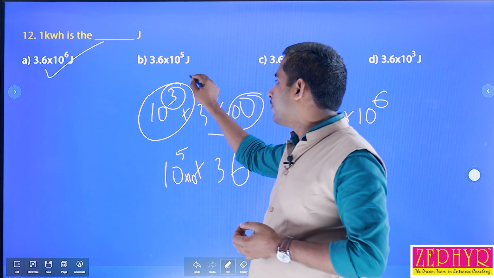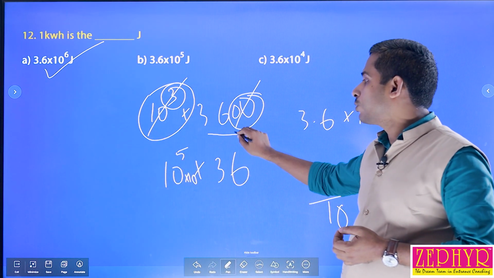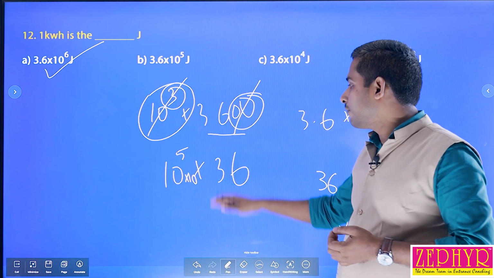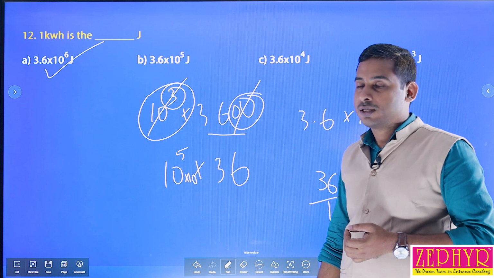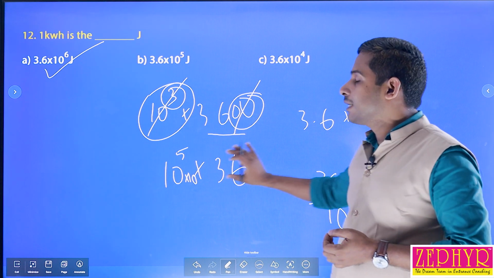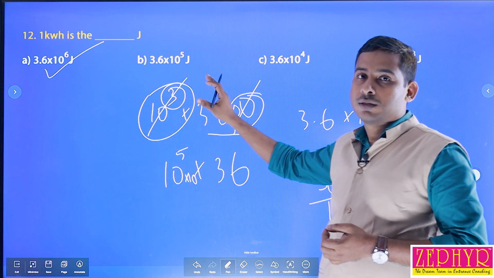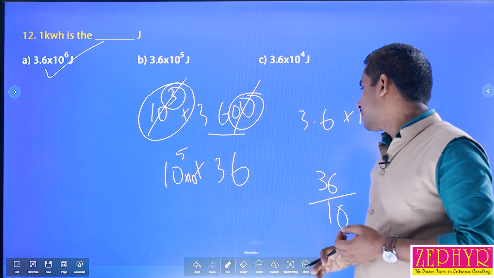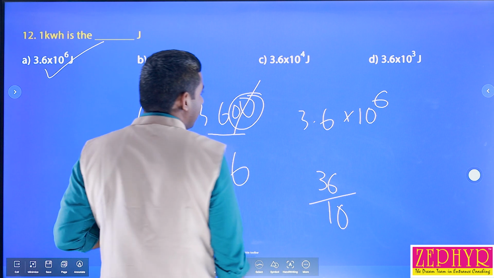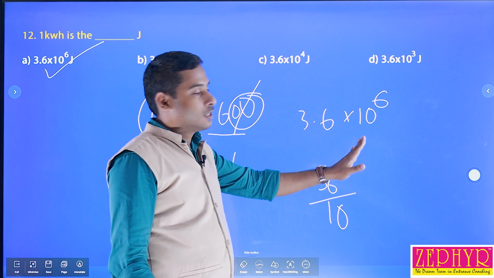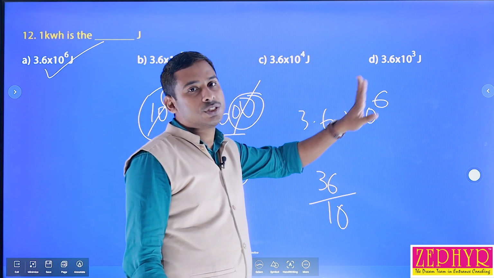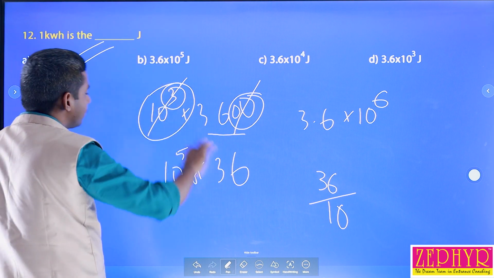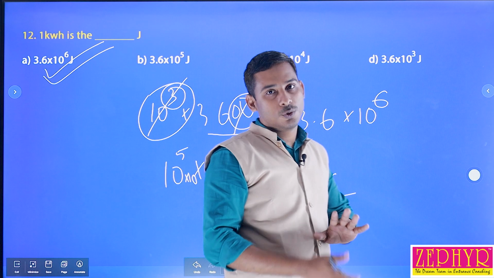Then here we have 10 cube and 2 more zeros, so 3 plus 2, 10 raised to 5. Then we have 36 also, but we do not have this in the options. So, I put it like 3.6, and 10 power 5 changes into 10 power 6. So, the final answer is 3.6 into 10 raised to 6 joule.